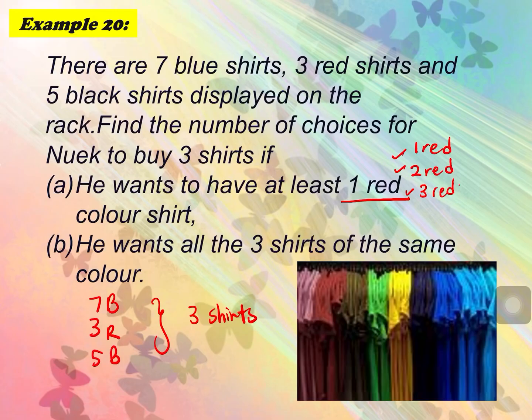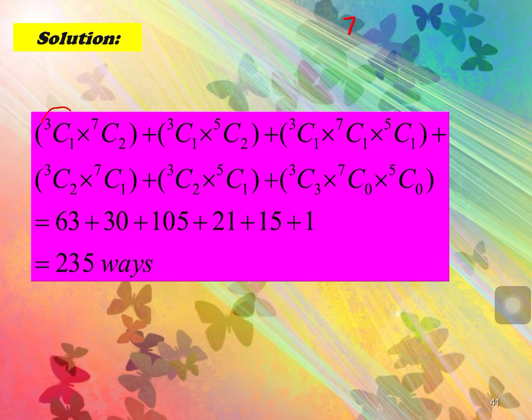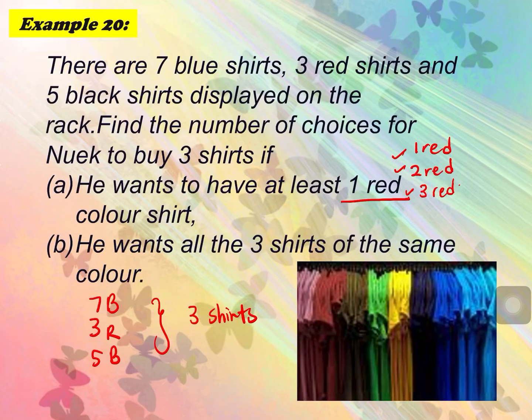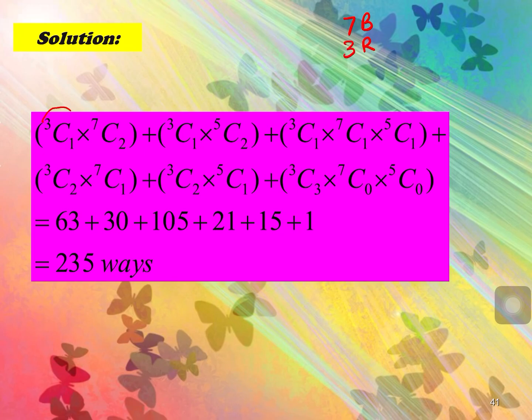Okay, so what we do is that we have 7 blue, 3 red, 5 black. So in this case, we pick 1 red because Nuek only wants at least 1 red.